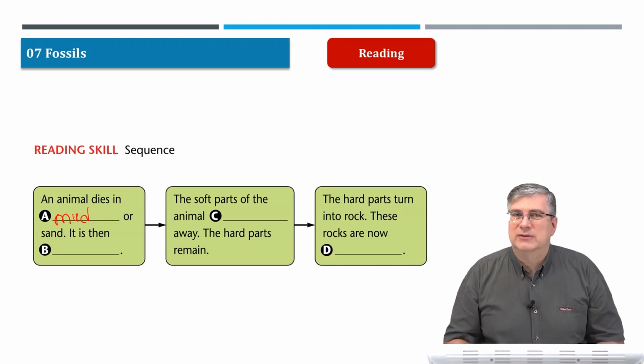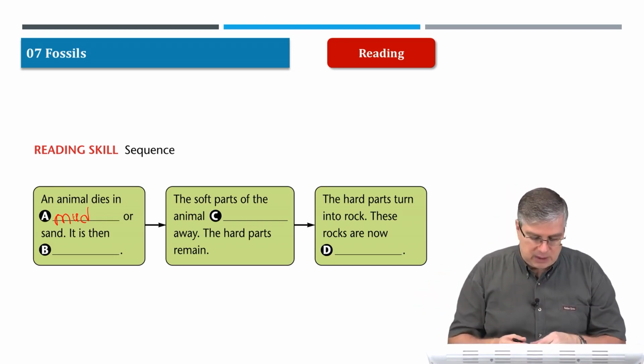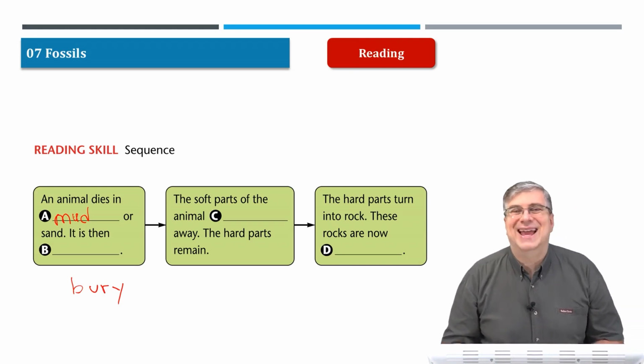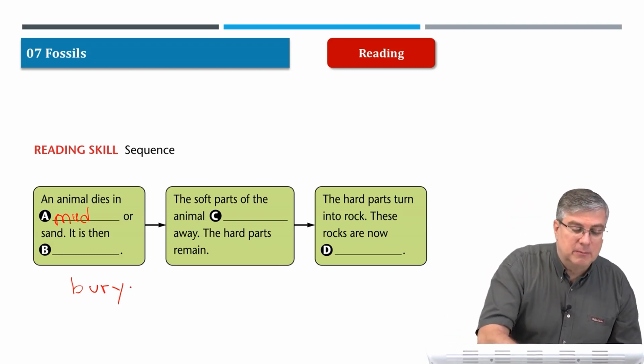It is then, what happens to it, right? More material comes on top of it. Remember the vocabulary word that we learned is bury. But this is past tense. So past tense of bury, right? We say bury, buried.